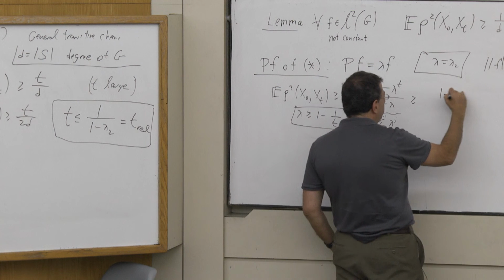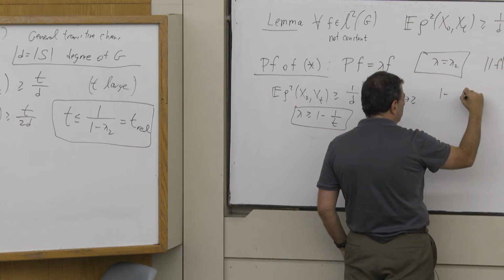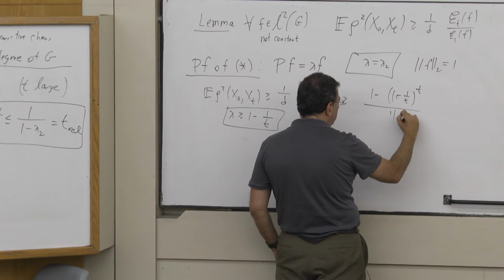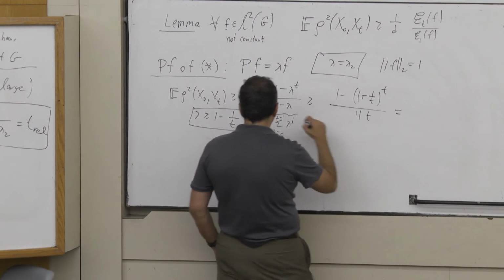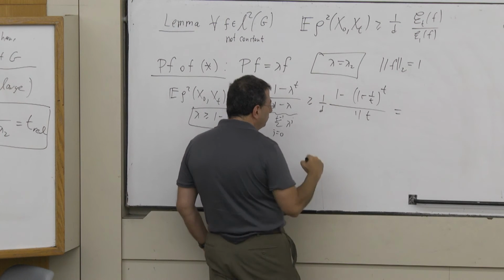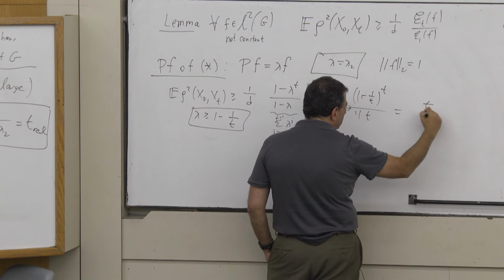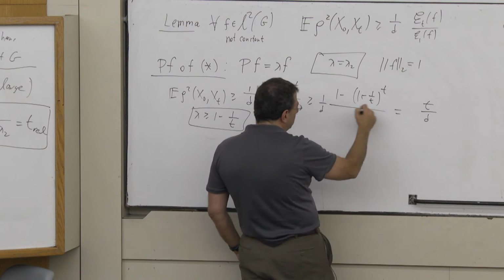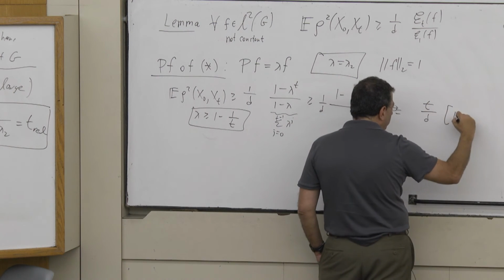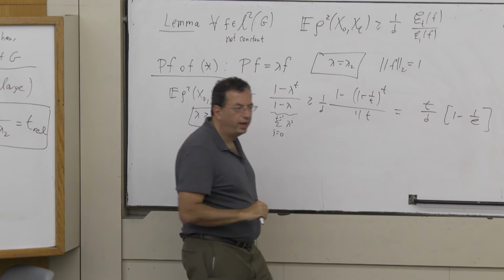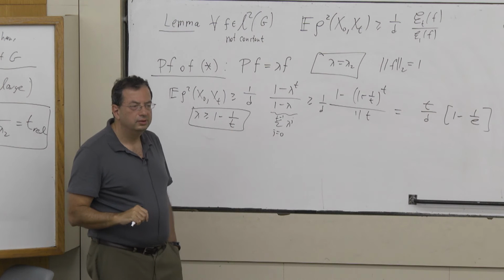And then we get (1 minus 1 over t) to the t divided by 1 over t. And I still have the 1 over d on the outside. So this term gives me the t over d. And then this term is at least 1 minus 1 over e. Okay, so even bigger than a half.